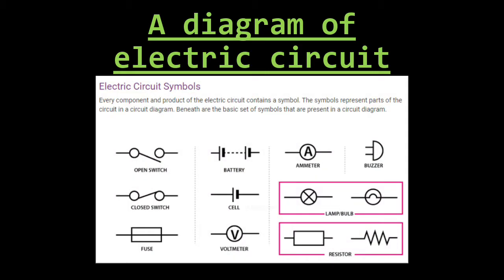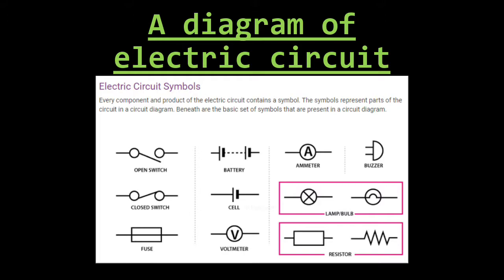A diagram of an electric circuit, and here we have the diagram also, and the symbols that are used in a diagram. For open switch we have this one, and for closed switch we have this one.